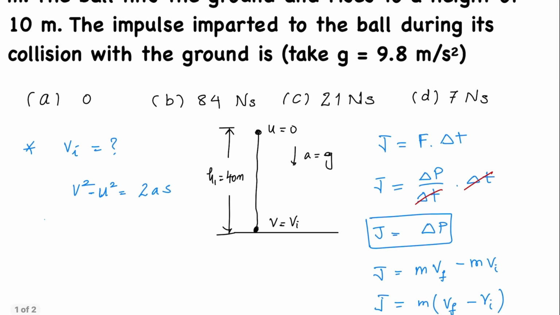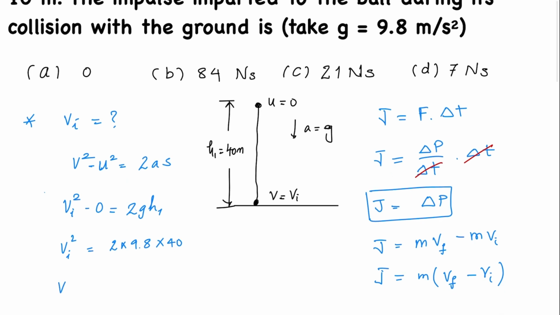So putting all these values in the equation, I'll get vi square minus 0 is equal to 2 into g into h1, from which vi square is equal to 2 into 9.8 into 40.